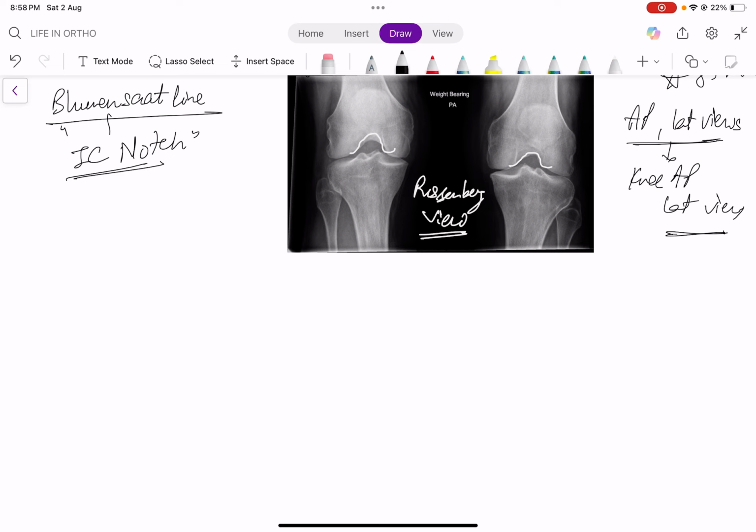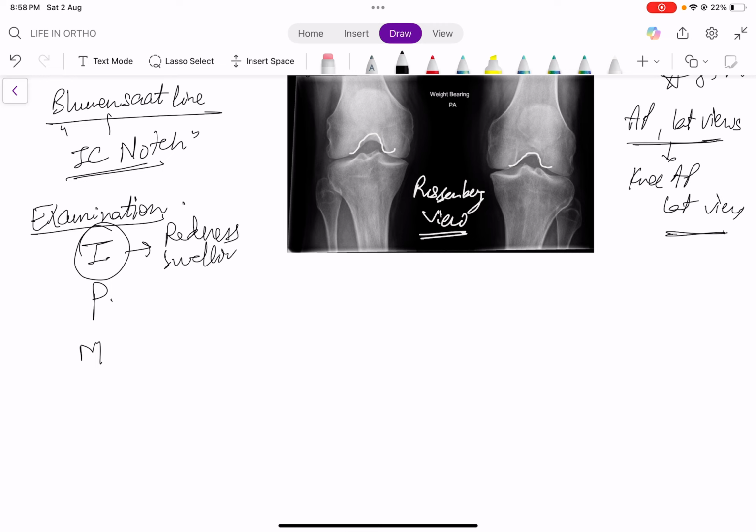In examination, what is to be known? The basic examination is inspection, palpation, movements. Inspectory findings are redness, swelling, visible scars, etc. Palpatory findings: tenderness.